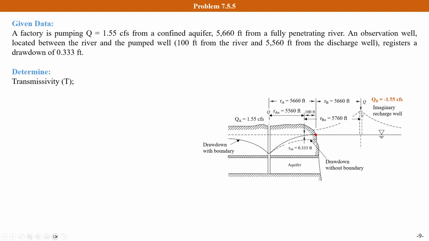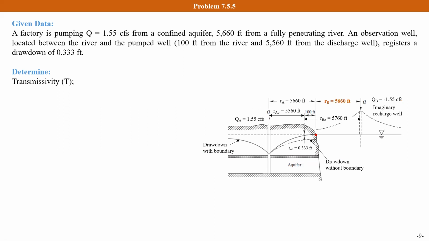Its location is 5,660 feet from the point that we are interested in. And the distance from the recharge well to the observation well is 5,760 feet.